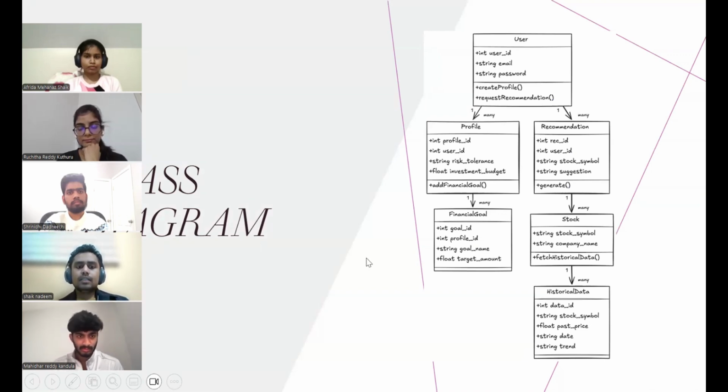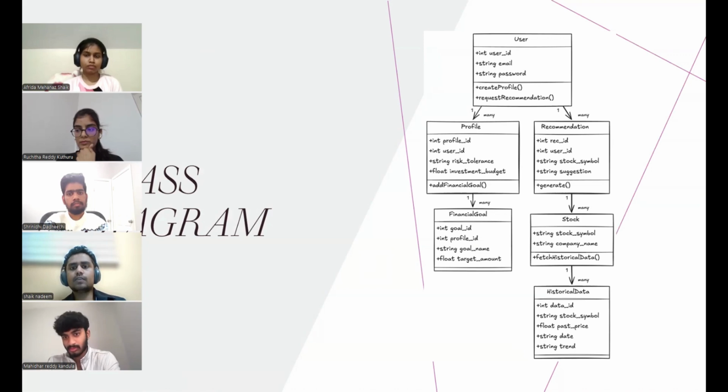Here the profile class tracks risk tolerance and investment budget, and the user account has the user ID, email, and password as variables. We call create profile and request recommendation, which call the API endpoints. We also have the stock and historic classes that store financial market data, and the recommendation class generates the investment insights based on the stock analysis.